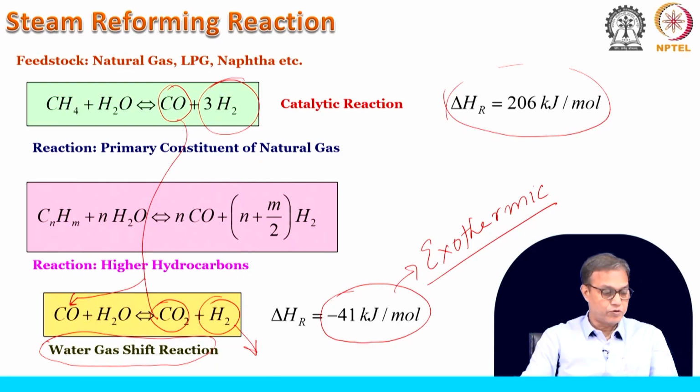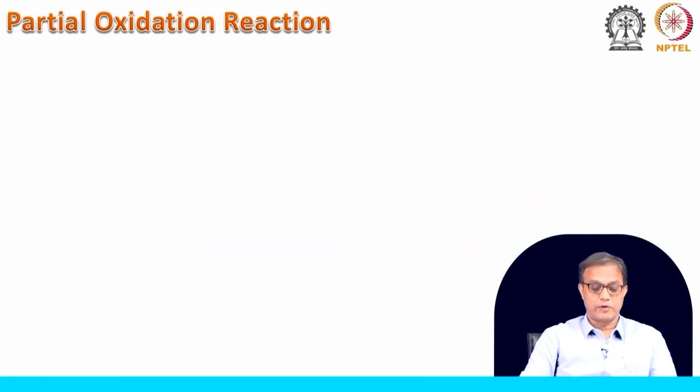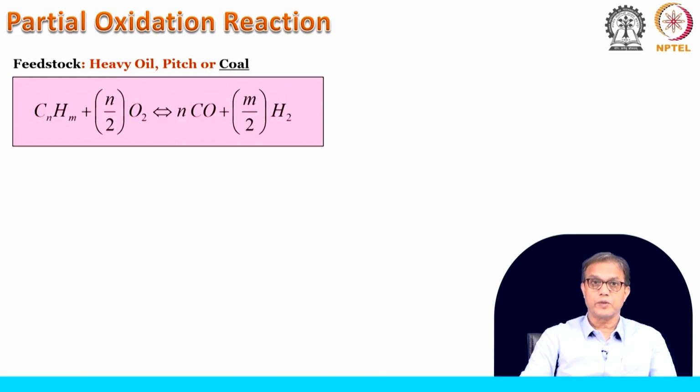Let us now look into the other one, that is called partial oxidation. In the case of partial oxidation, the feedstock is basically heavy oil, pitch, or often coal.